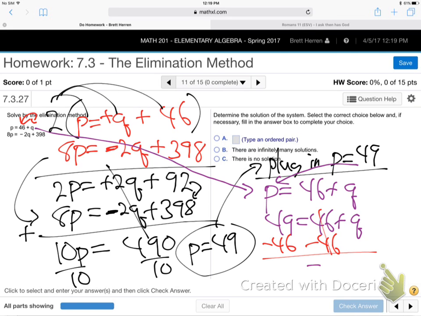And we get Q is 3, right? So we've got it. P and Q. Put them alphabetical, P before Q, like P comes before Q in the alphabet. 49, 3. P before Q. LMNOPQ, right? The alphabet. We good there?